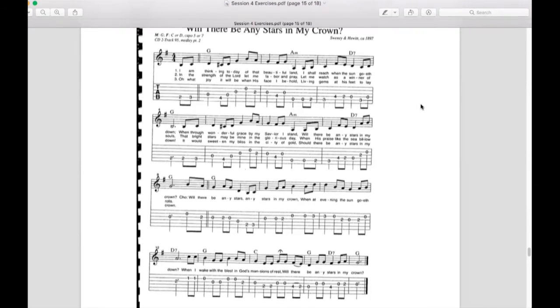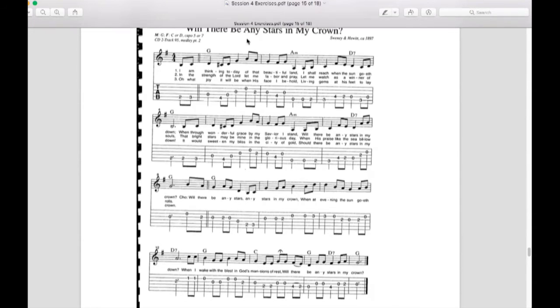Will there be any stars in my crown? When at evening the sun goes down, when I wake with the blest in God's mansion of rest, will there be any stars in my crown?